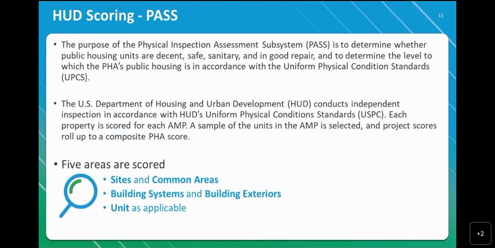Sites usually have large deducts in points, be aware. Building systems and building exteriors, so major systems, and of course anything visible on the outside. Unit as applicable, and just know that anything that goes into health and safety scoring elements, you always want to make sure that you address those, because those are the highest deducts. Next slide, please.